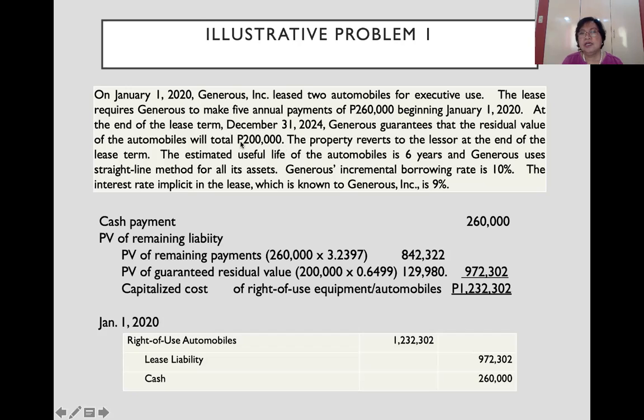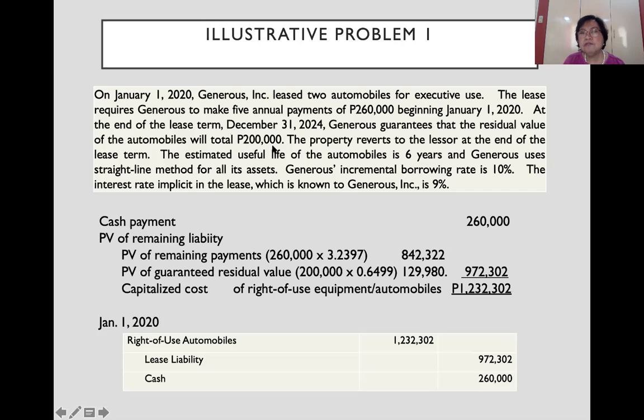Again, in this contract, there was a guaranteed residual value, meaning that both the lessor and the lessee agreed that at the end of the lease term, the asset will be returned by the lessee with an economic value still of 200,000. If in any case, the value of the asset falls below 200,000, any discrepancy below this 200,000 will have to be paid by the lessee.